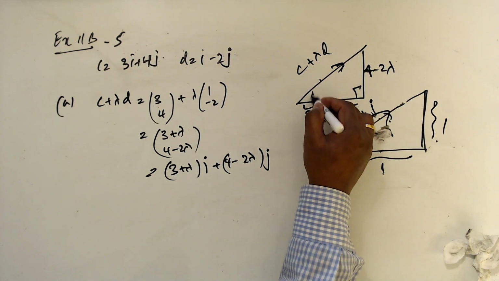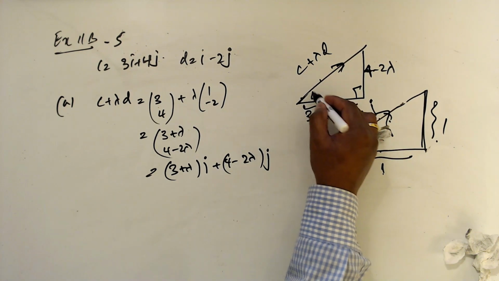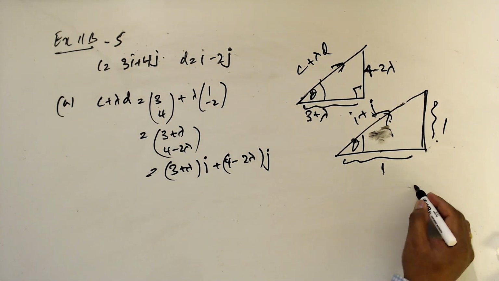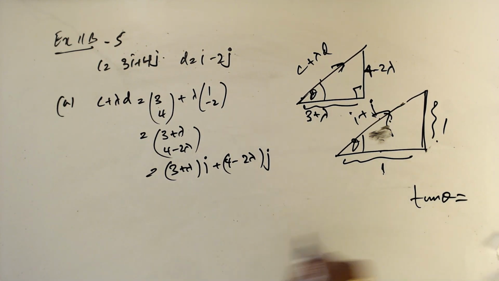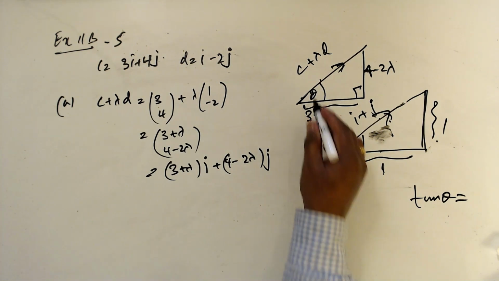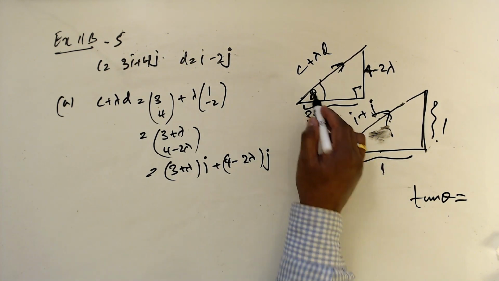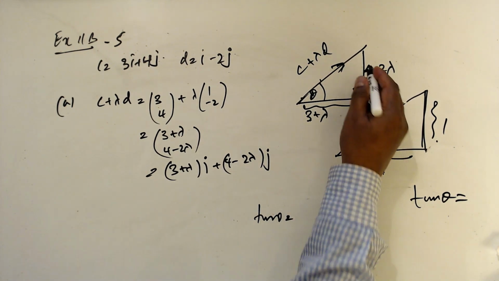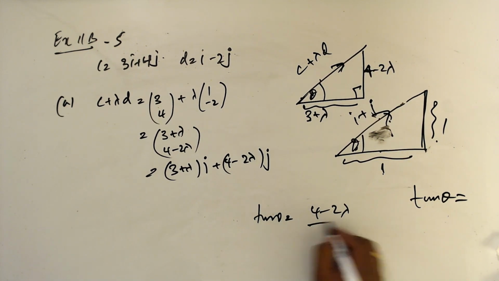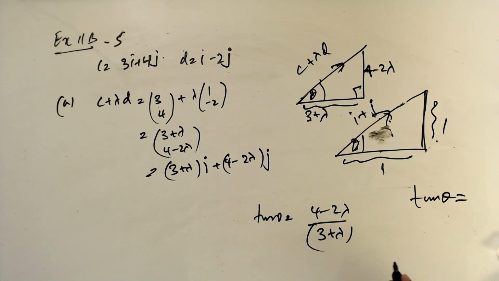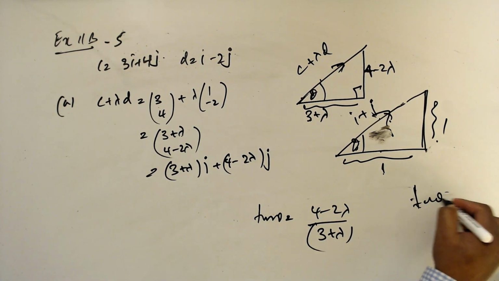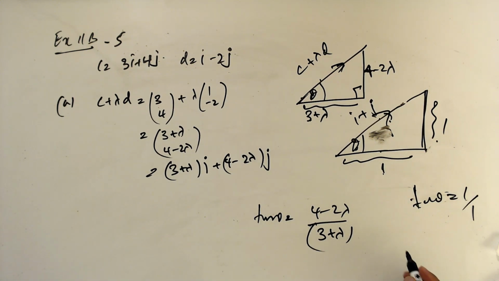Parallel means this angle should be the same. So you can express the angle with tan theta. Both angles are the same. Tan theta is 4 minus 2 lambda over 3 plus lambda, and here tan theta is 1 over 1.